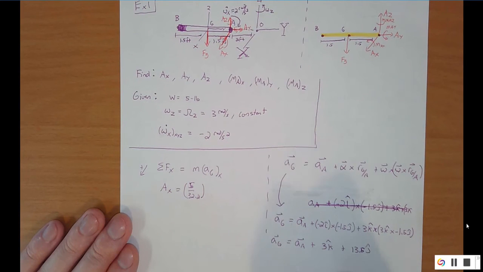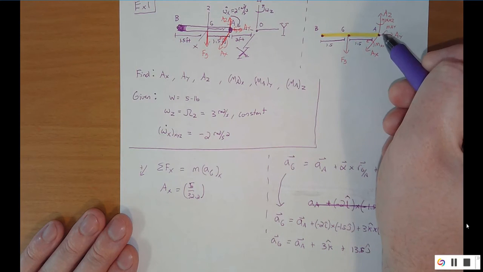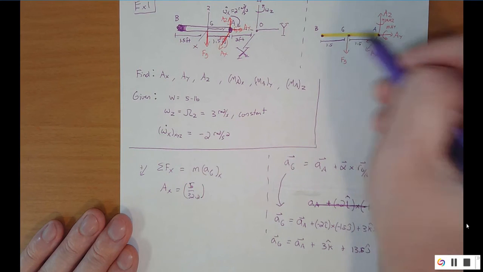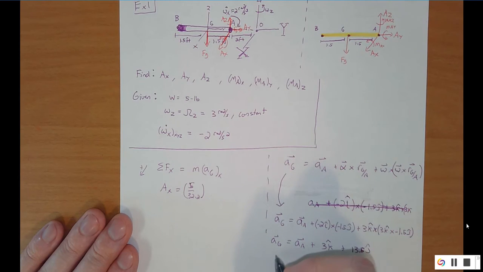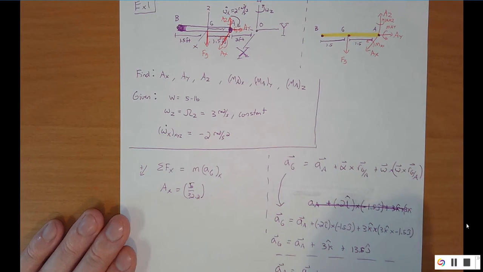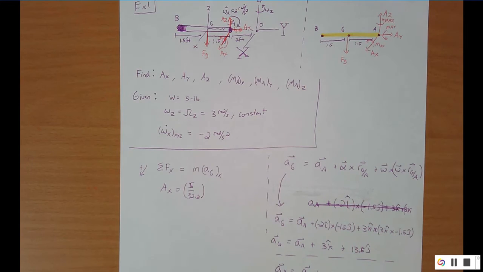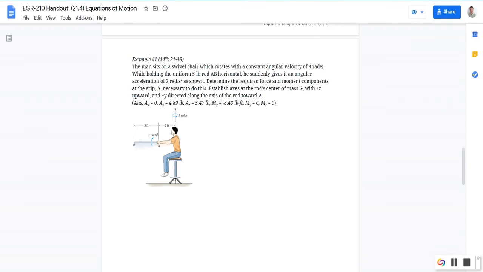To find acceleration of A, what we're going to do is go from the shoulder to A, and then from A to G. We're just going to do this in steps. We're going to have a similar set of equations for A. Acceleration of A is the acceleration of our zero point plus the same terms. Again, the guy should have a consistent length from his shoulder to his wrist, assuming he doesn't bend his elbows, so it should be a constant 2 feet there.